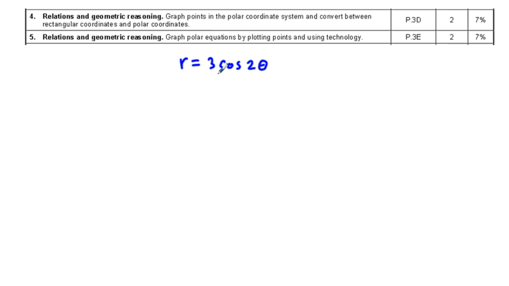And theta is our angle, and r is our dependent variable. So our radius is dependent on what the angle is. So 3 cosine 2 theta. And this theta is our independent variable.